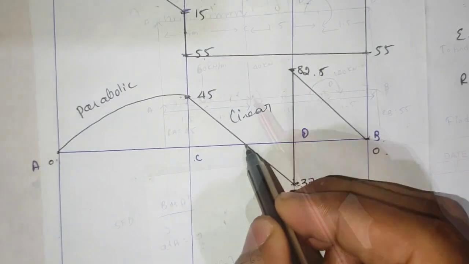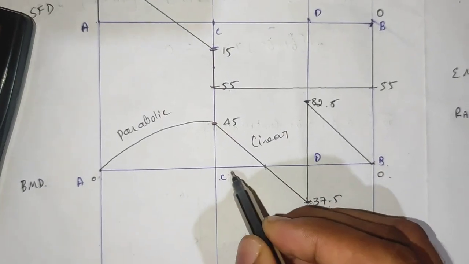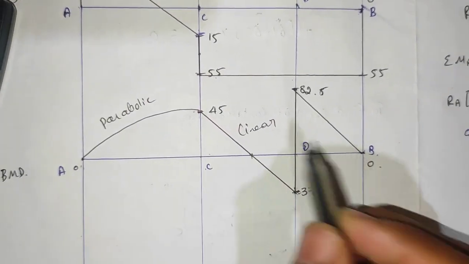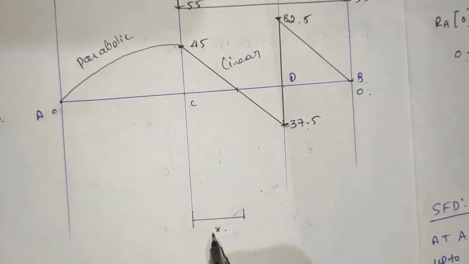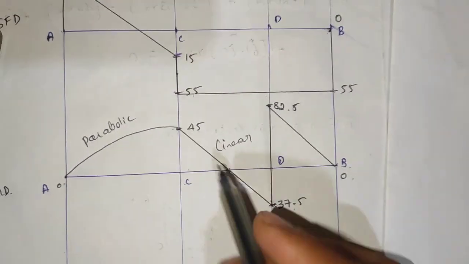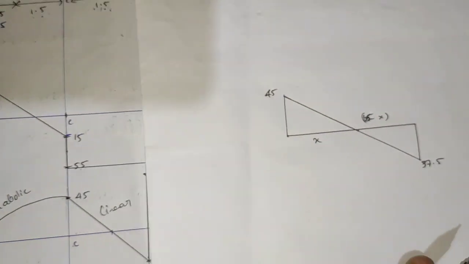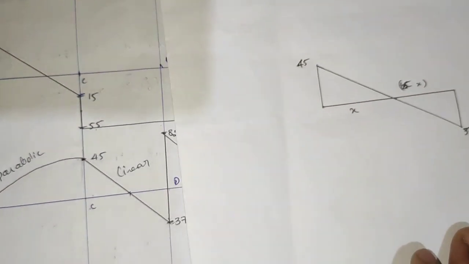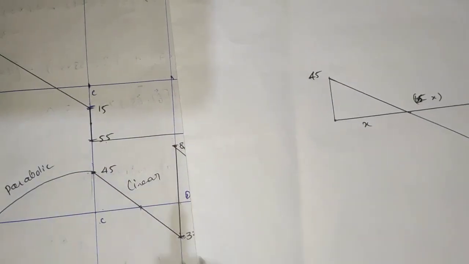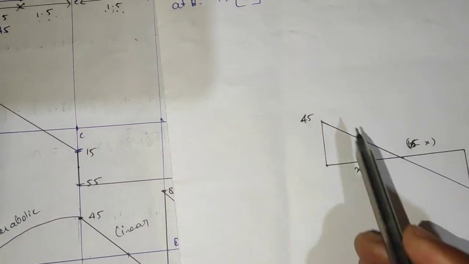At C, then it is the contraflexure. Consider the distance from here to here as x. Here I have written 45.